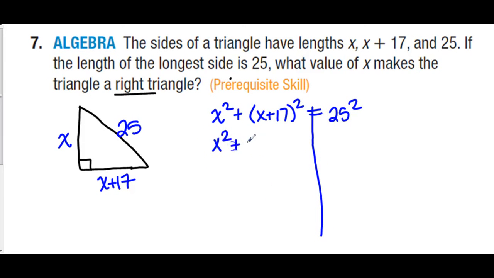I have x squared plus, recall that this means x plus 17 times x plus 17. Those of us who remember this from last year, I'm just going to put it off to the side. A plus b all squared, which is what this is like, x plus 17 all squared. A squared plus 2ab plus b squared.